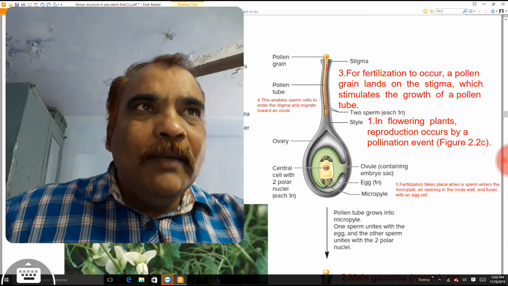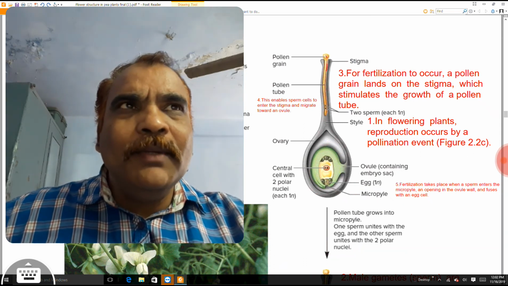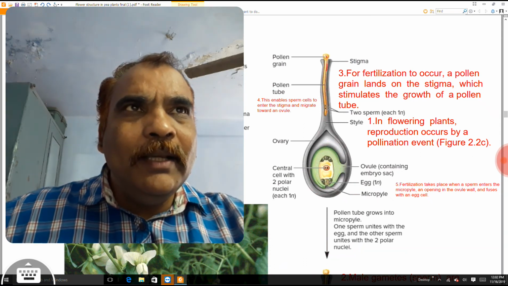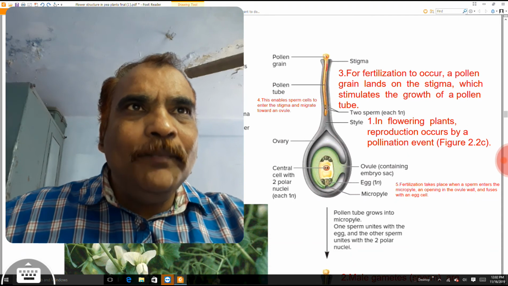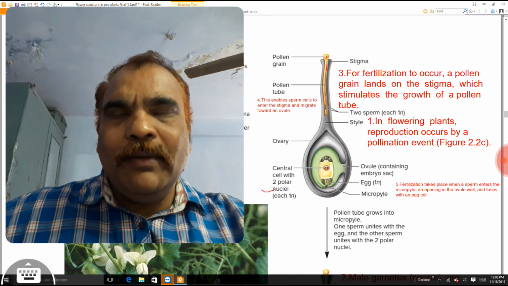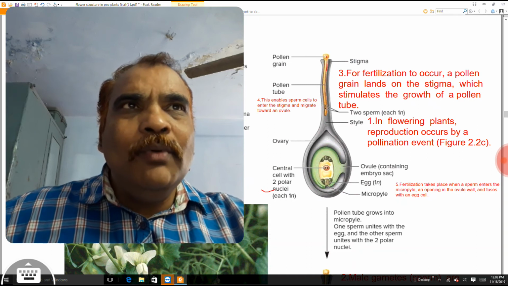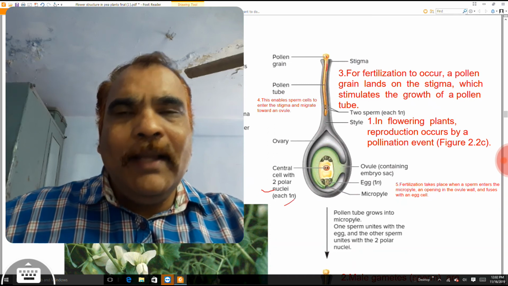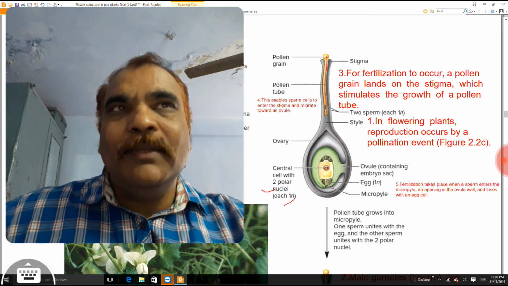Now if you observe the ovule closely, you will find two nuclei in the center. These are the two polar nuclei, and in both nuclei there is one N, that is, one set of chromosomes.